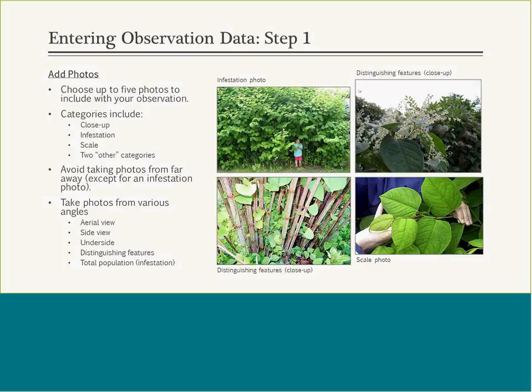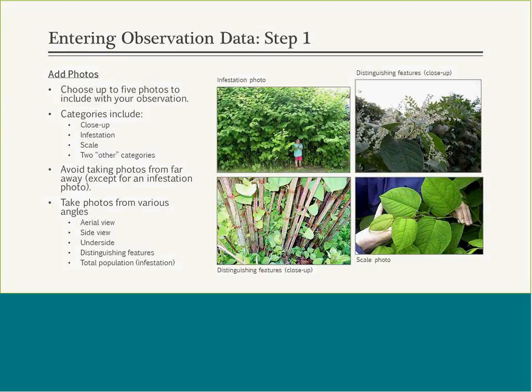There's a close-up photo, there's an infestation photo, there's a scale category, and then there's some other categories as well. And you can see here in these example pictures that I have a better idea of what these categories actually mean. So if you look at the infestation photo, you're looking at a large population of Japanese knotweed here, rather than just one single plant.